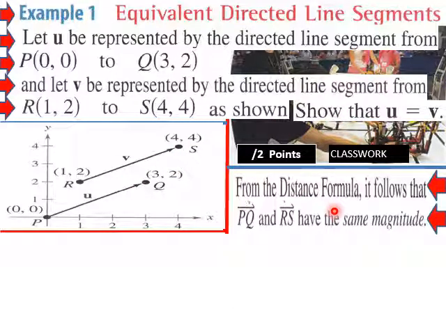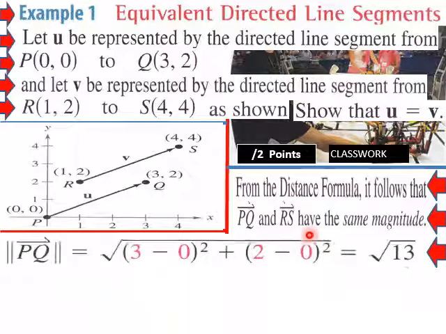From the distance formula, it follows that PQ and RS have the same magnitude. So PQ, which is this one here, we have the radical of (3 minus 0) squared plus (2 minus 0) squared, which equals radical 13.